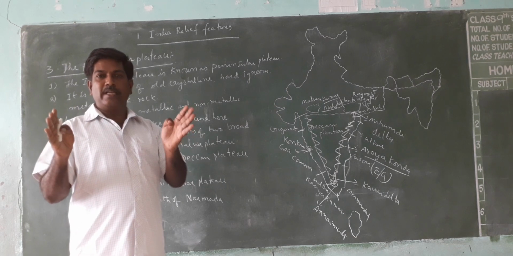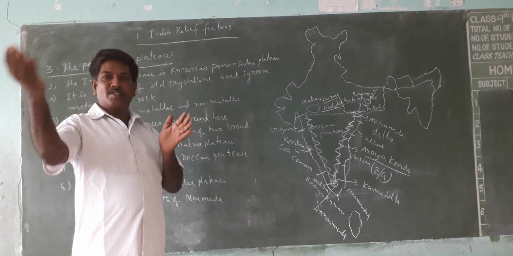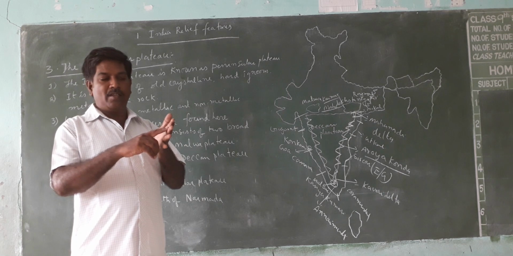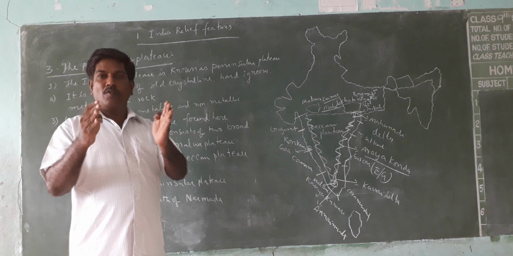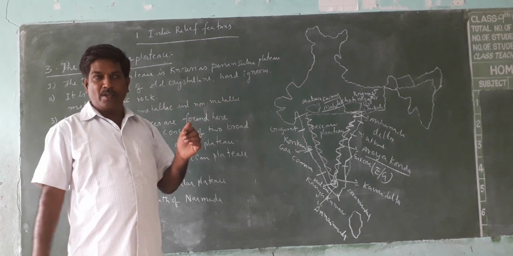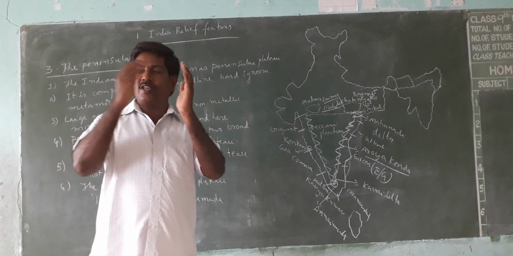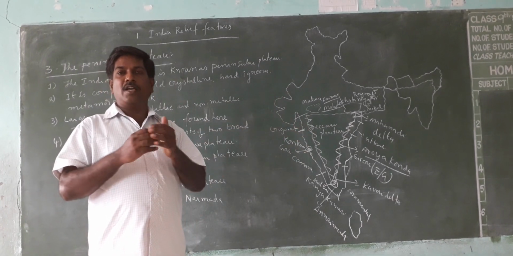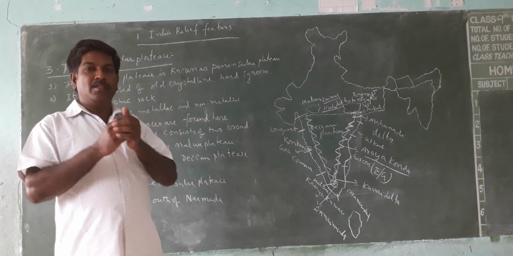The rivers which are born in Western Ghats and flow towards Eastern Ghats area: Godavari, Krishna and Kaveri, and Mahanadi also. These rivers are flowing towards the Deccan Plateau area. Are they perennial? Not perennial, as I already said.